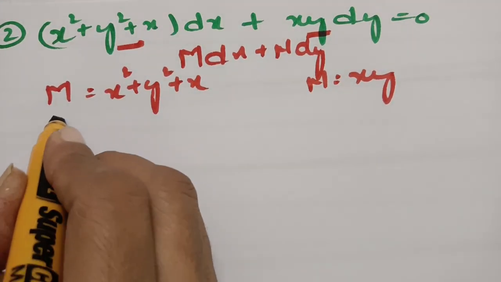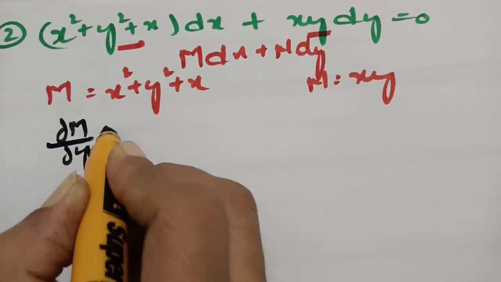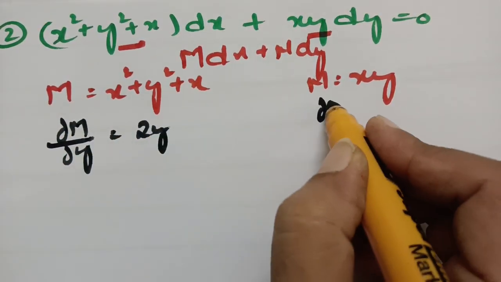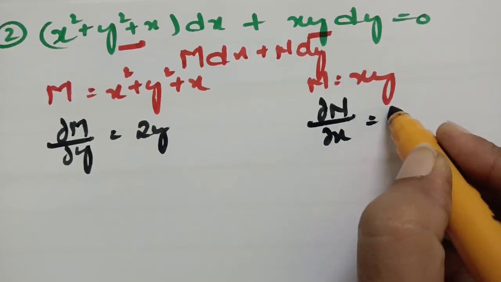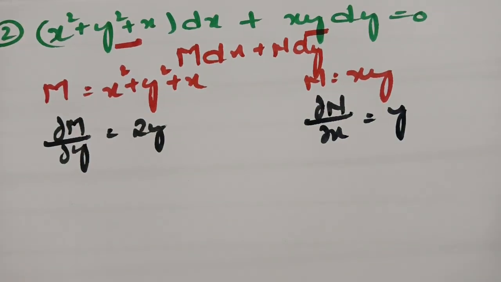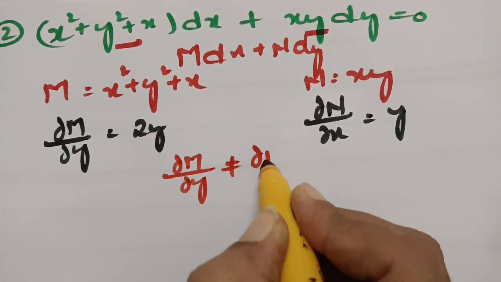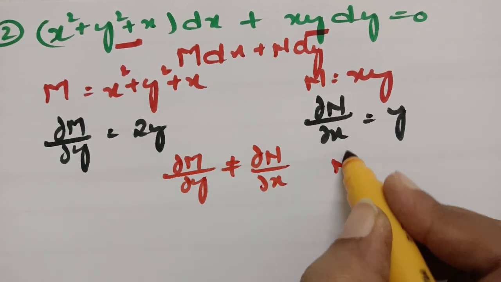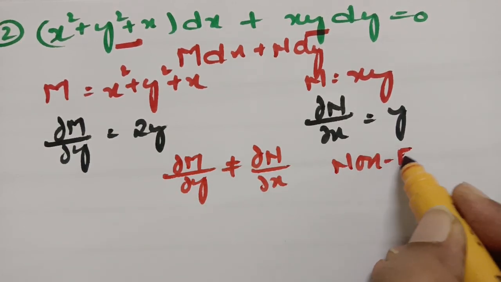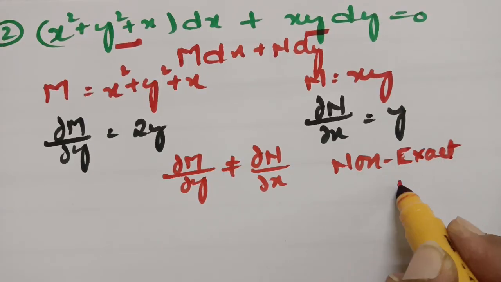So what is dou m by dou y? The dou m by dou y value is nothing but 2y, and dou n by dou x value is nothing but y. If you observe this, dou m by dou y does not equal dou n by dou x. So both are not equal, and it is a non-exact differential equation.